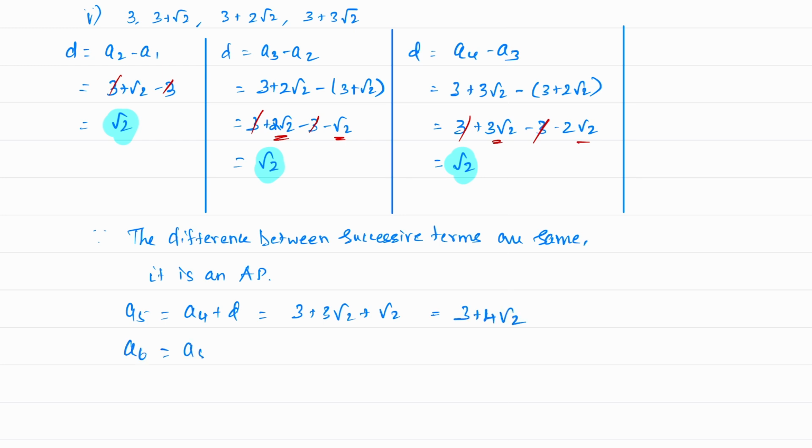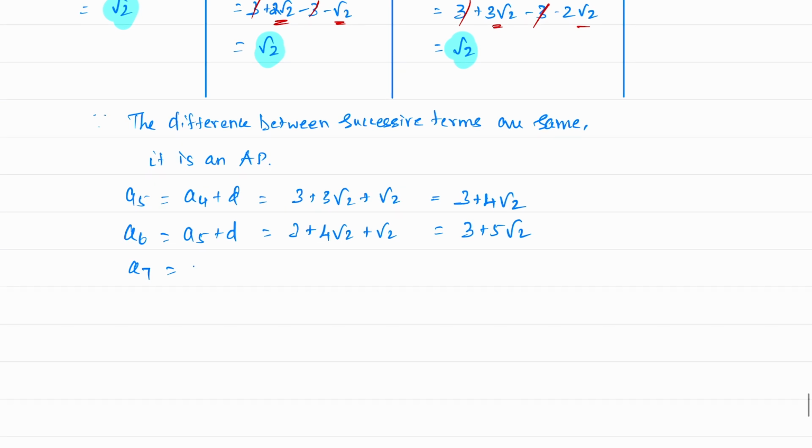A6 equals A5 plus D, which is 3 plus 4 root 2 plus root 2, that's equal to 3 plus 5 root 2. A7 equals A6 plus D, which is equal to 3 plus 5 root 2 plus root 2. So this is equal to 3 plus 6 root 2.